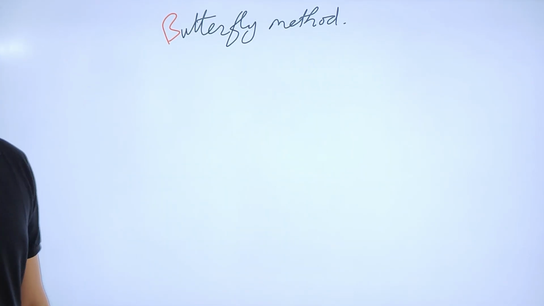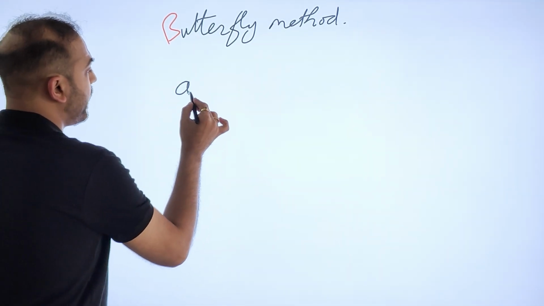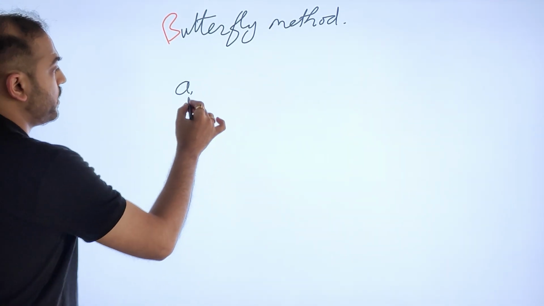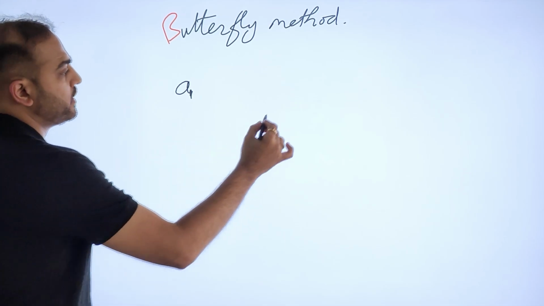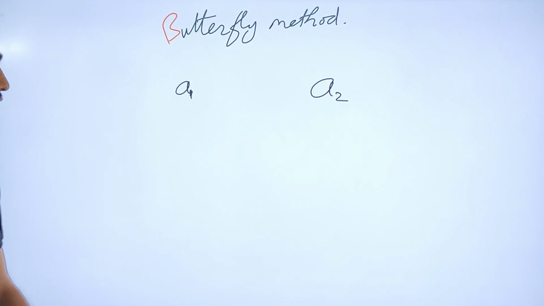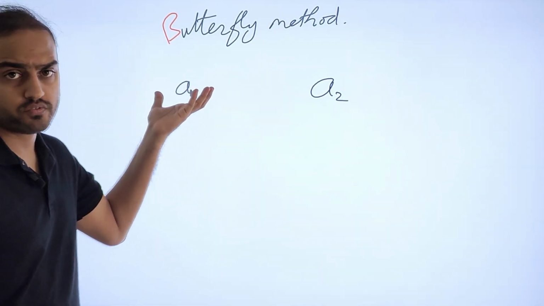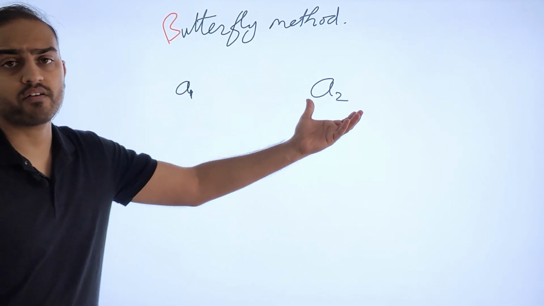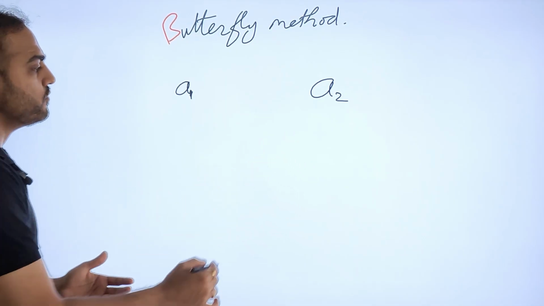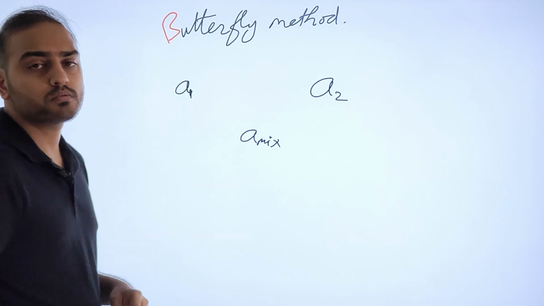So what does the butterfly method say? See, this is the average of the first element, and this is the average of the second element. Now all of us know, if one product has an average of, say, 30, and the other has an average of 20, the overall average, or the compromise, will come somewhere in between the two, right?